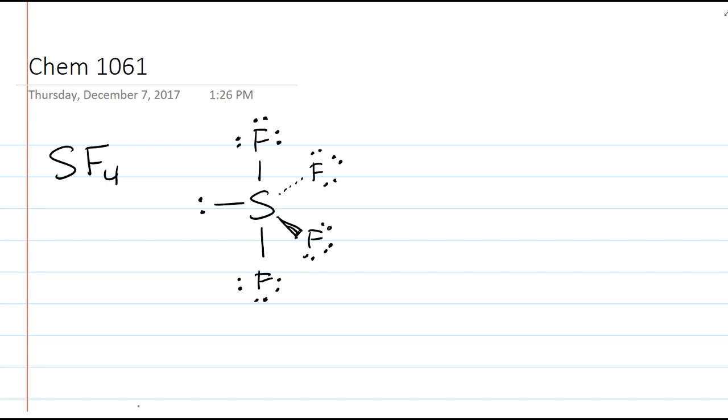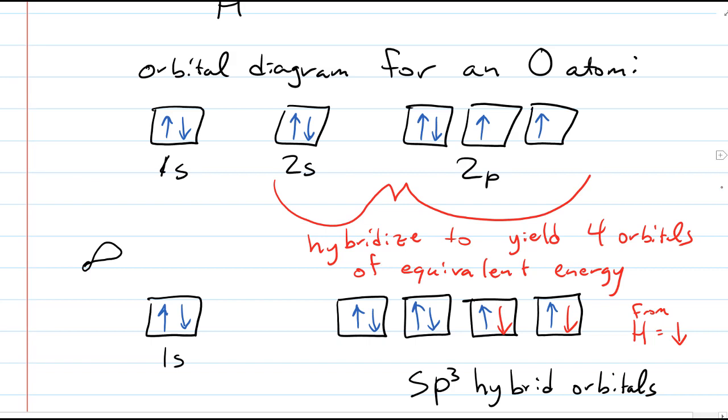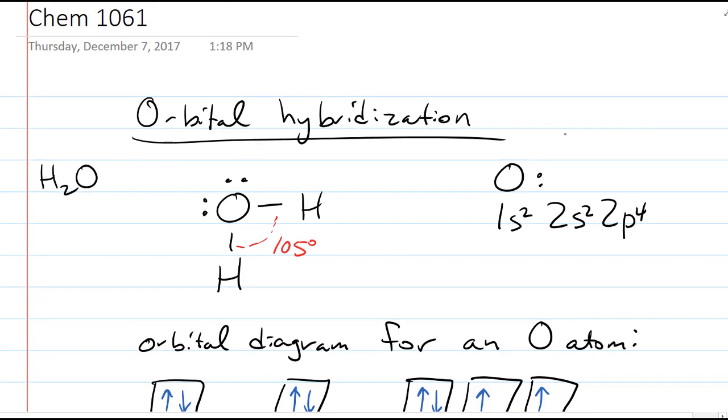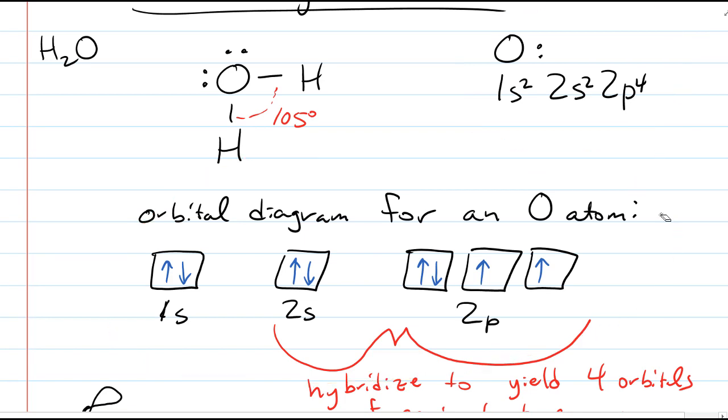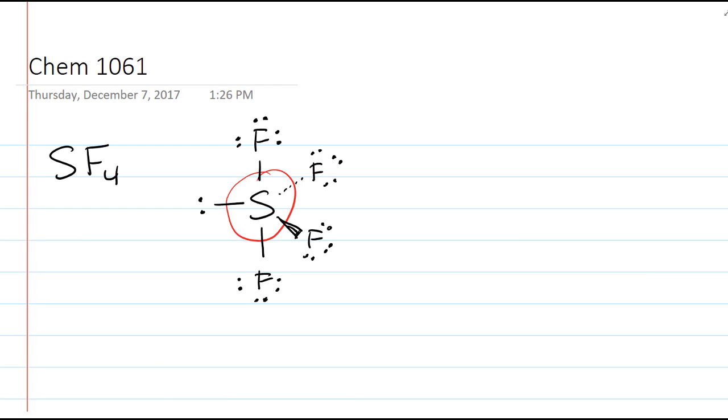So now to explain the hybridization in SF4, what we do is this. We're going to go back and look at the central atom. And so we're going to follow through the same sequence that we did back here. First thing we did is we drew out the electron configuration of the central atom by itself, and then drew out its orbital diagram. So we'll do that with the sulfur. We're going to look at the electron configuration for sulfur.